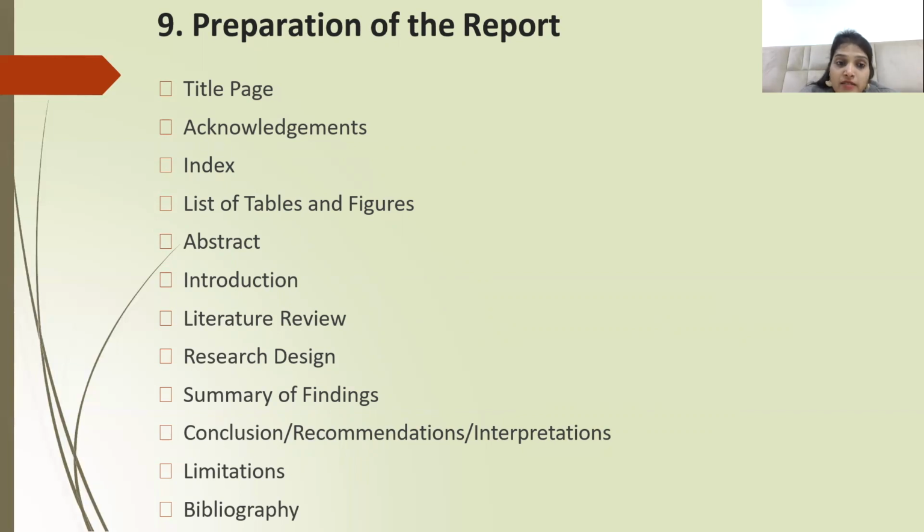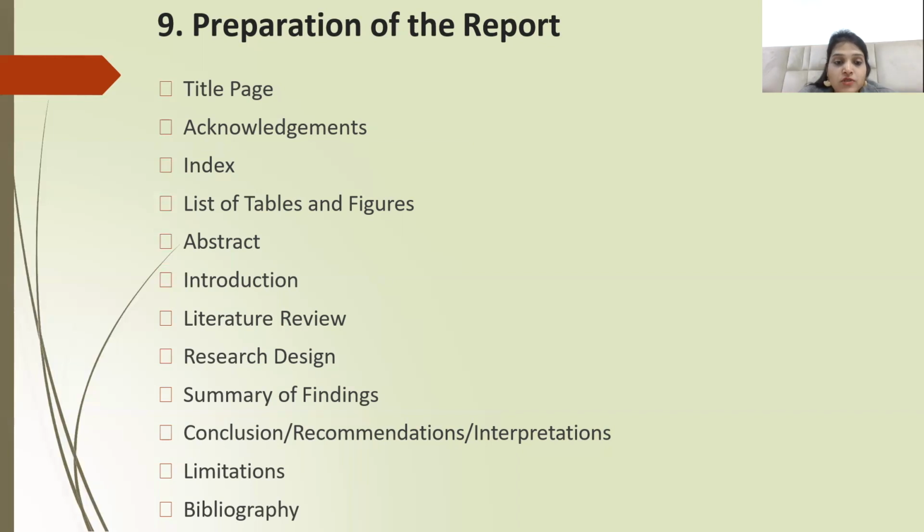Then we have index, we have list of tables and figures, we have abstract. Abstract is the smaller version of your research, like if your research is of 100 pages, the abstract is generally of 1 to 2 pages where you define what you have done and what results you have got. A summary of your study is known as abstract.